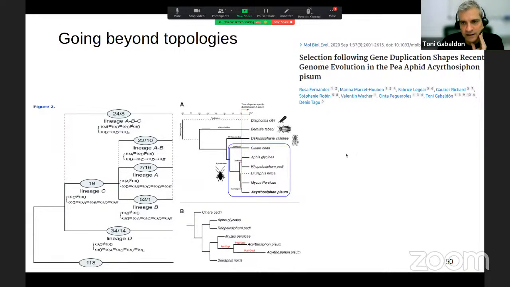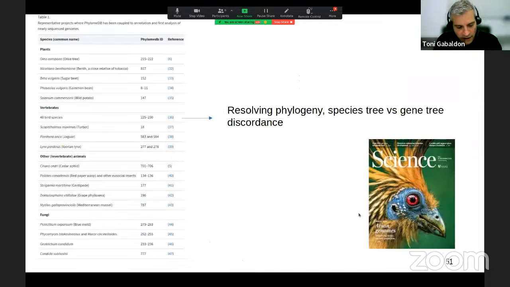And this is what we did years after, when there were more aphid genome sequences, in this other article, where we focused on how duplications in the aphid were diversifying by gene expression differences and functional differences between the genes. So because you have all the trees, you can make this test of selection for every branch of interest in the tree. So that's one example with the pea aphid.